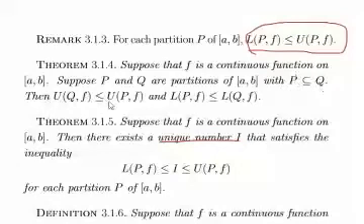The upper sum is decreasing. The upper sum of f corresponding to Q is smaller than the upper sum of f corresponding to the P partition. And what happens to the lower sum? The lower sum is increasing if you add points. So the lower sum of f corresponding to P is smaller than the lower sum of f corresponding to Q, right?